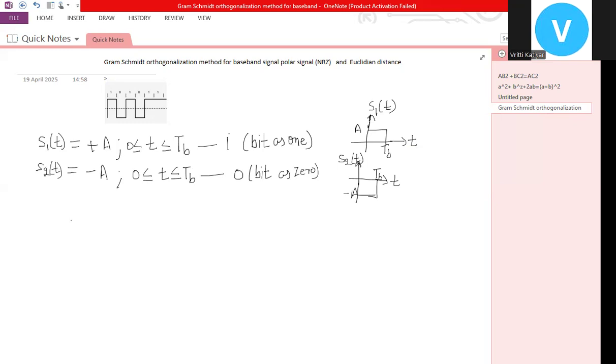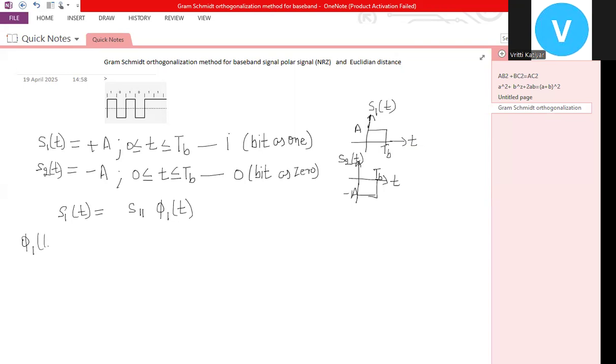Now the polar signal is represented in the form of S1(t) and S2(t), and we have seen they are not independent of each other, meaning S1 can be represented in terms of S2 and vice versa. So we need only one orthonormal basis function, and S1(t) is written as S11 phi1, because it is the very first signal, and we are representing that in terms of the orthonormal basis function.